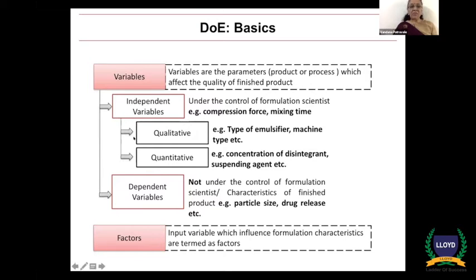But in case of pharmaceutics, since I deal with pharmaceutics majorly, I'll give you those examples. Dependent variables are not under our control. But yes, if you can control the input factors, you can definitely get the desired output. So this output could be, for example, if you're making a tablet which is fast release sublingual, again let's take that example, you need faster onset of action.